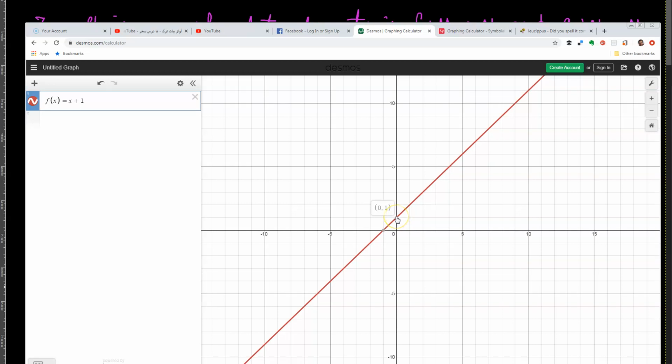But what I'm saying is that this point, exactly this point, which is y is equal to 1, the problem is that this x is equal to 0 is not in the domain of the function, right?